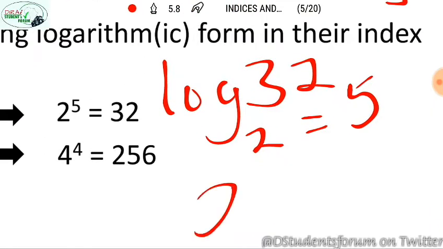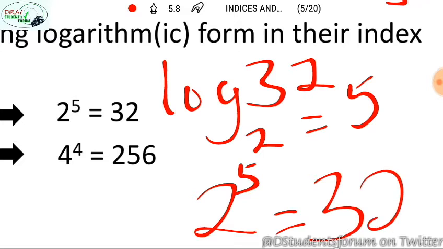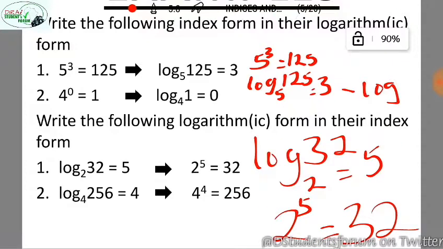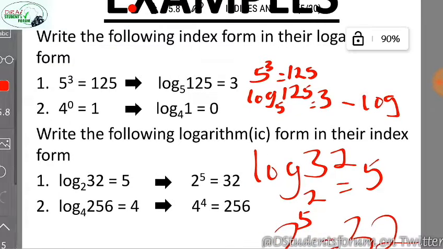That means we have 2 raised to the power of 5 to be equal to 32. So that is basically how to convert your expressions from index form to its equivalent logarithmic form.